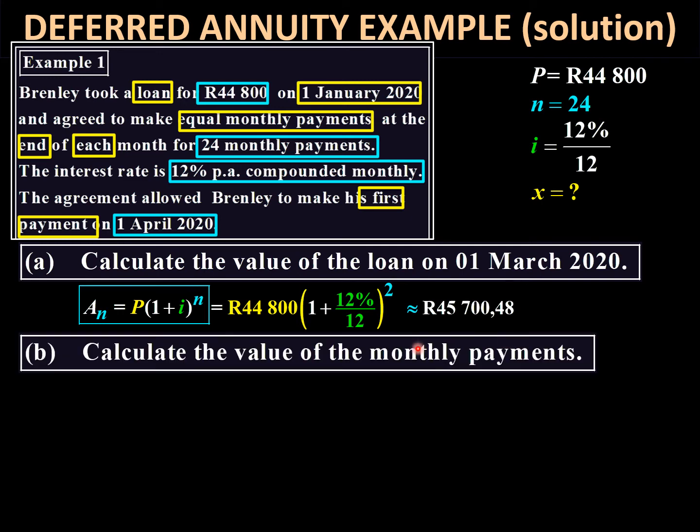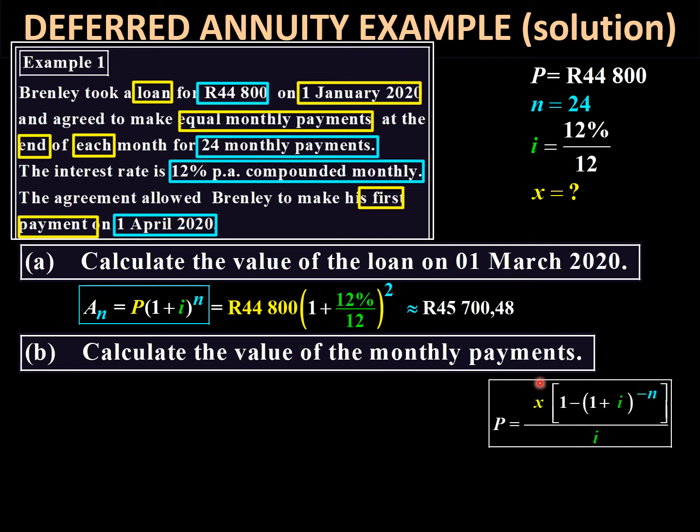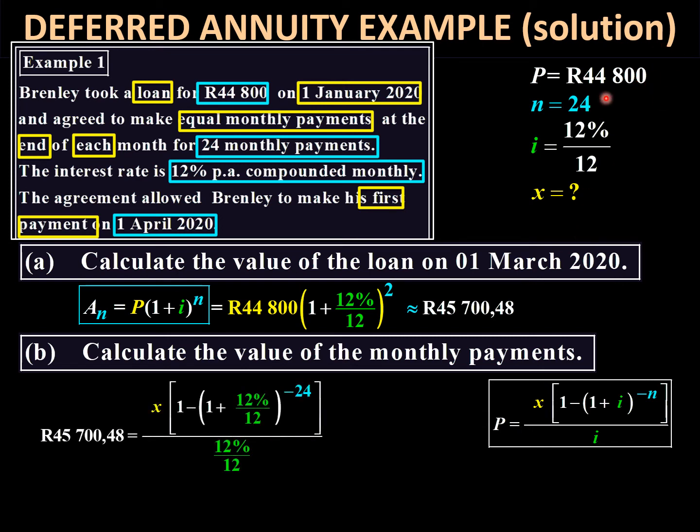Now we want to know what the value of the monthly payments will be. It's a loan, so it's the present value. We've got all our information there. We then substitute. Now I don't put in 44,800, because there was growth taking place, so we put in 45,748 and now we can work out the x. We've worked out payments before. What do we do?